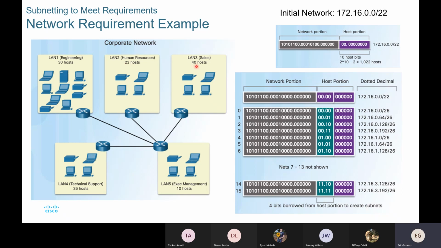Is 64 enough for the people of Sales? Yes. They need 40 valid IP addresses. I'm giving them 64 IP addresses in total, which is 62 valid IP addresses, no? Will it be enough for the executive manager? Yes. It's much larger than what they need.